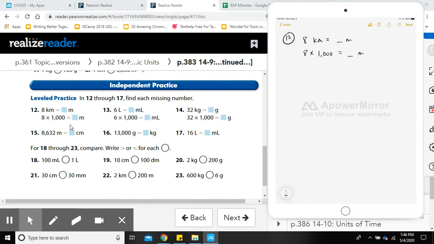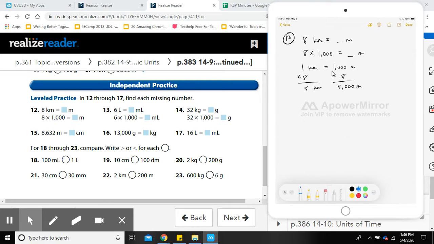The reason is that 1 kilometer is equal to 1,000 meters. So if we multiply this by 8 to get 8 kilometers, we have to do the same to the other side. We would multiply this by 8, and that would give us 8,000. So our answer would be 8,000.